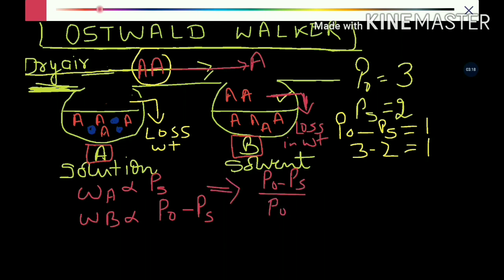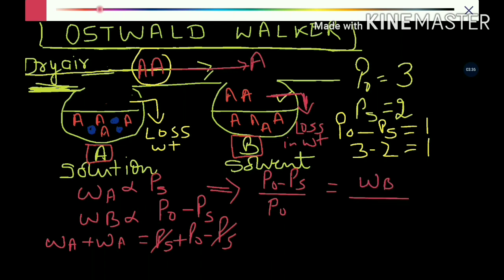So we have PS, we don't have P naught. How to get P naught? Simply do WA plus WB. So this is PS plus P naught minus PS. So PS cancels out, so this is P naught. So we have P naught minus PS as WB, and we have P naught as WA plus WB.